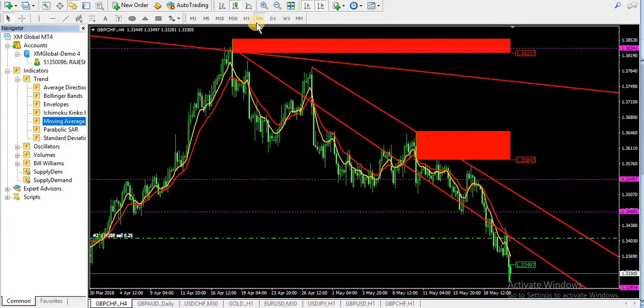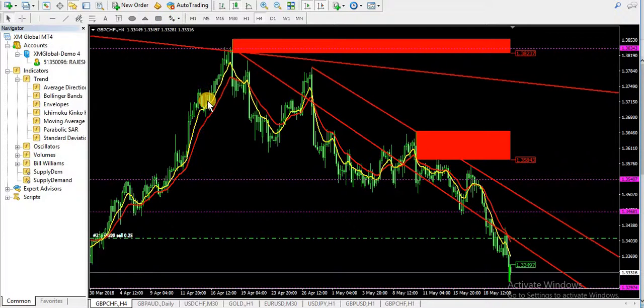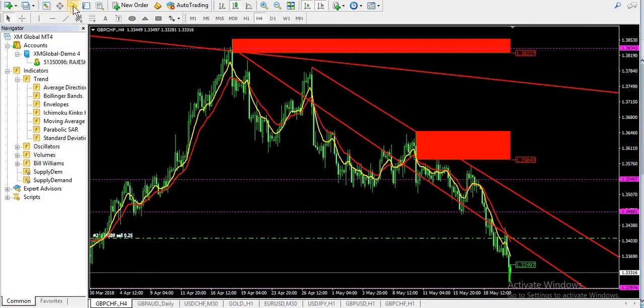Now I'm going to explain how this thing works. Let me make it yellow. It seems like this is not really visible to my eyes, so let me make it bright yellow. By the way, this strategy, I developed it from my golden strategy. I just simplified the golden strategy.